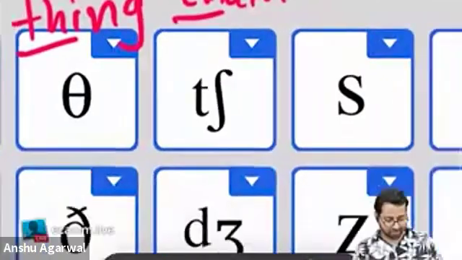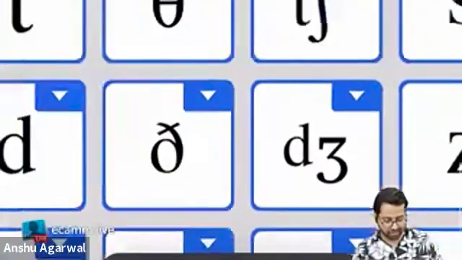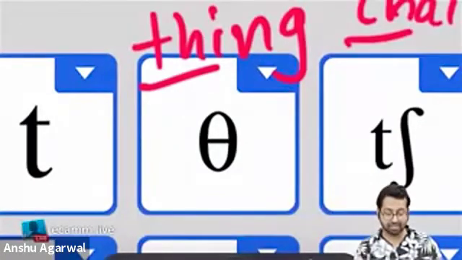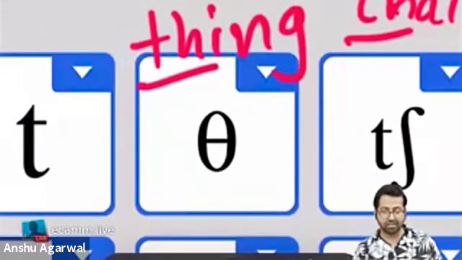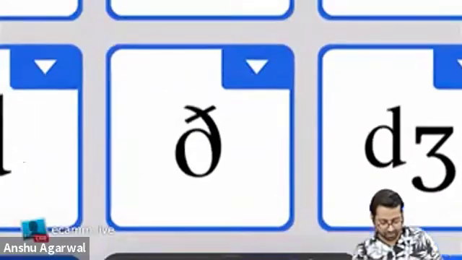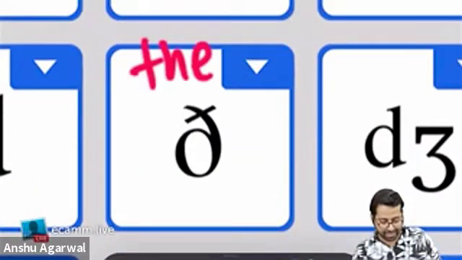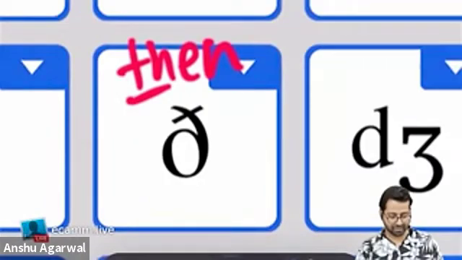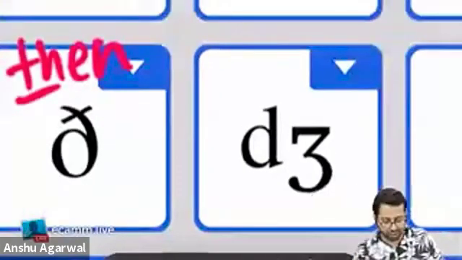Sid says through, the th sound. Now that is theta, that is a th sound. But this one is the sound in then. This is the j sound, just like judge.